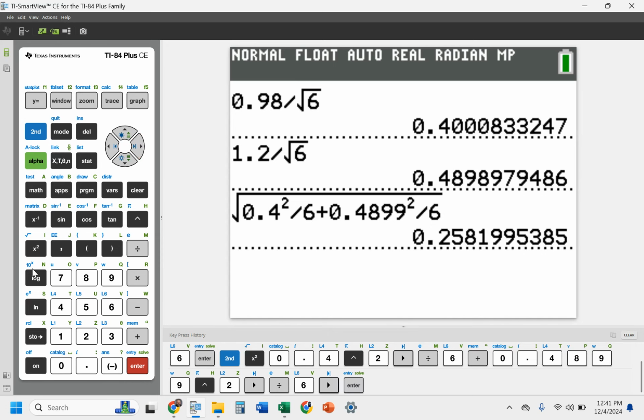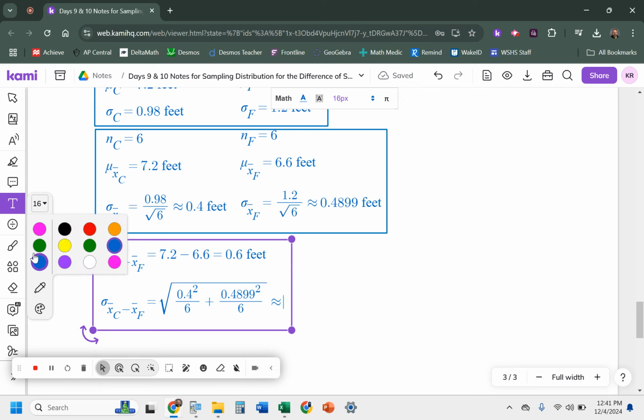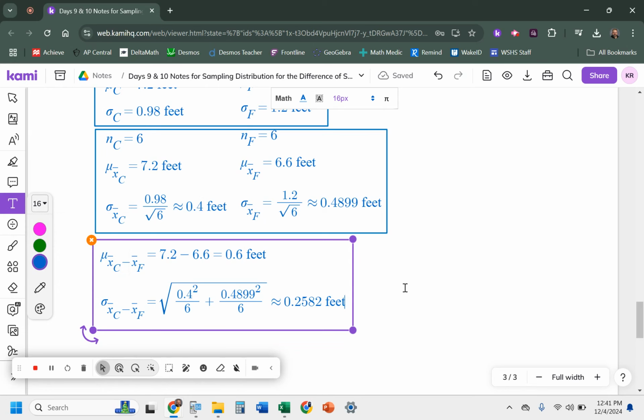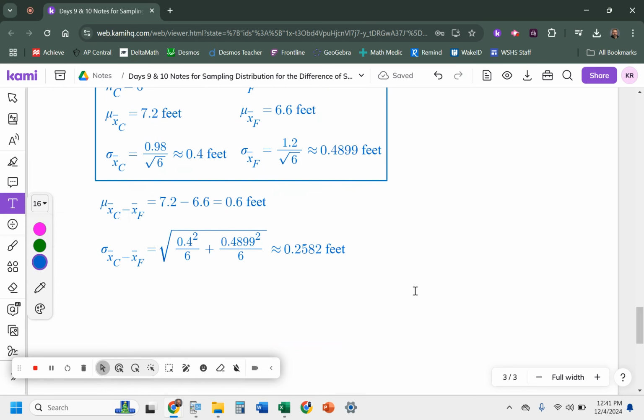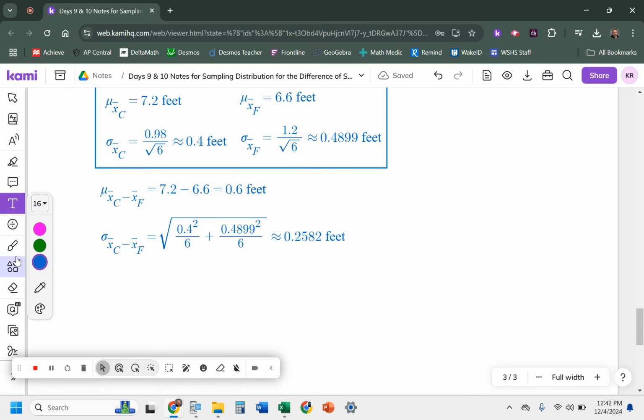And it turns out that the standard deviation of the sampling distribution of the difference of the sample means for the two beaches is about 0.2582. So 0.2582, and again, this is measured in feet. So this gives us the parameters for our sampling distribution of the differences in the sample means.